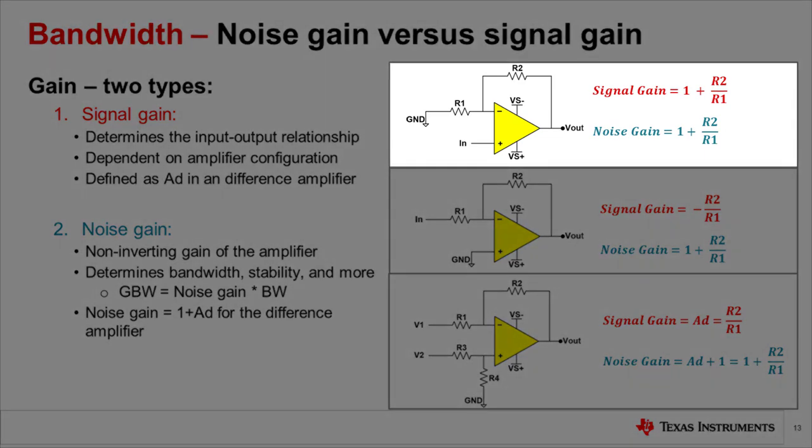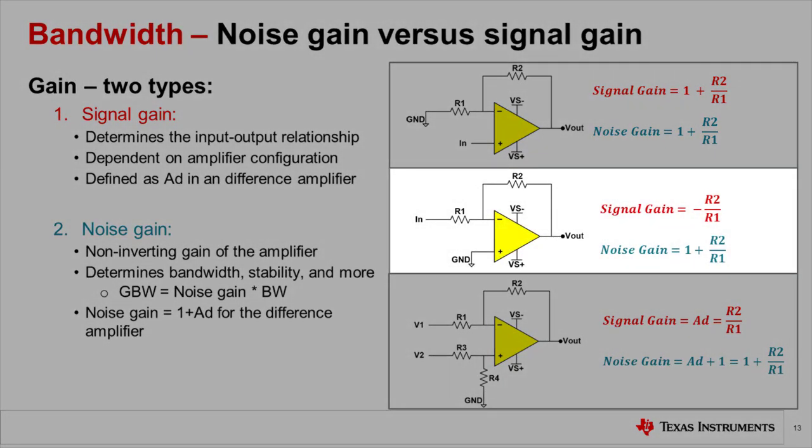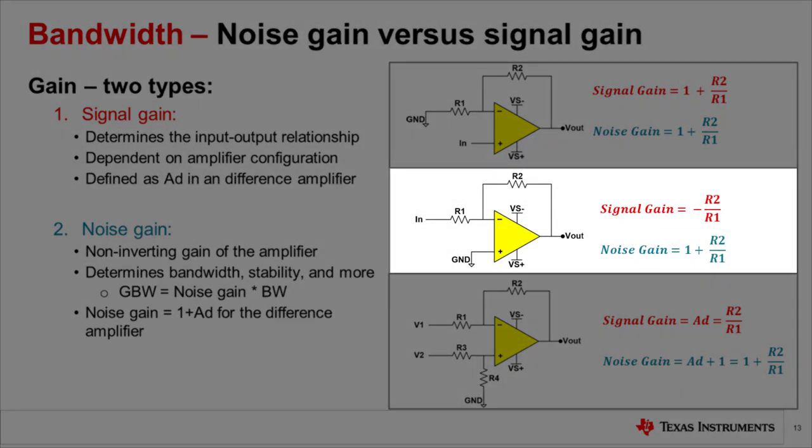The top circuit is a simple non-inverting configuration with the signal gain equal to 1 plus R2 over R1. The noise gain is the non-inverting gain, again 1 plus R2 over R1. The next circuit is a simple inverting configuration with a signal gain equal to negative R2 over R1.